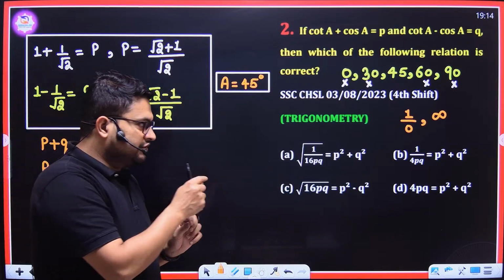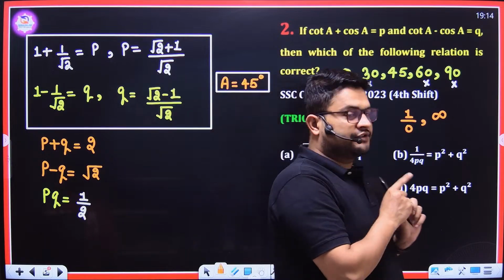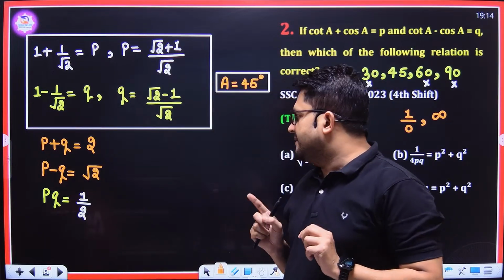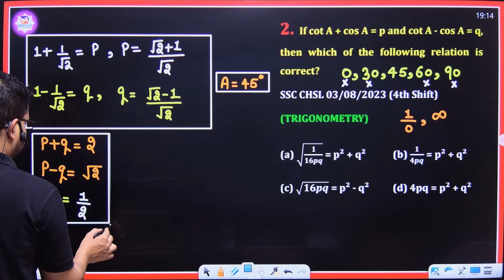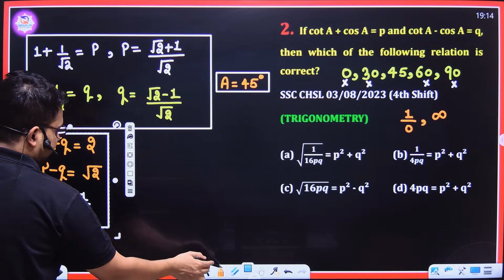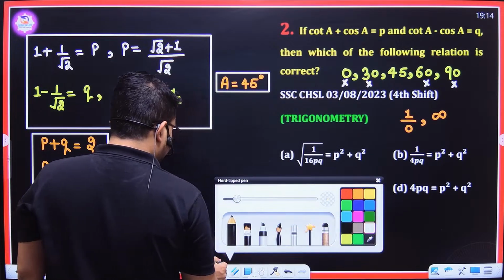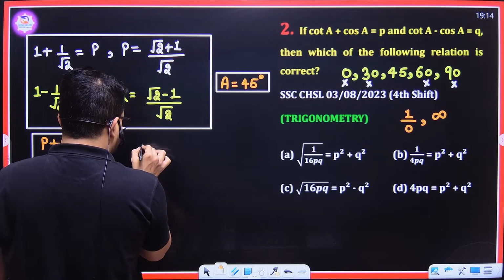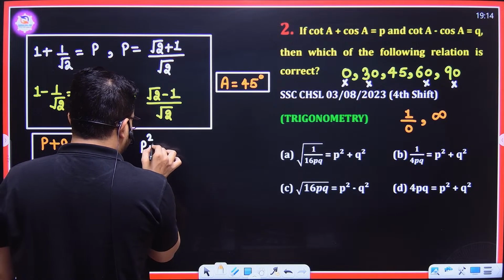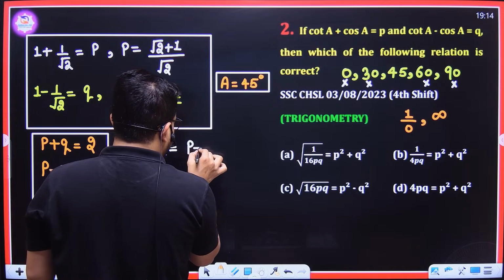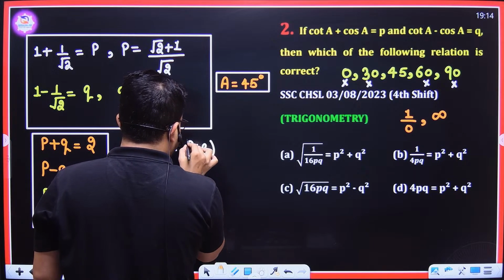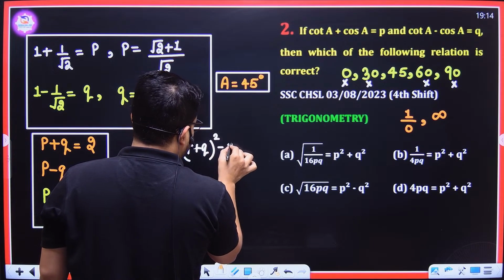We have to do the postmortem of this particular question, because this will give us an important result. When I teach you algebra, I will tell you that if you want to calculate P square plus Q square, it can be calculated as P plus Q whole square minus twice of PQ.